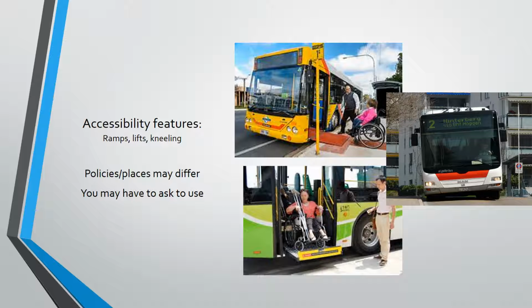And so it's up to the individual to propel themselves, if they're in a wheelchair or if they're on crutches, into the bus and to the appropriate place for wheelchairs. Every bus should have areas for wheelchairs. Some are hard to spot.